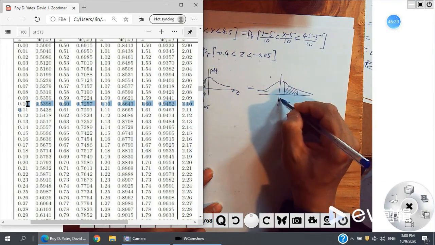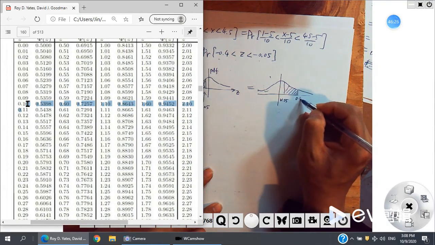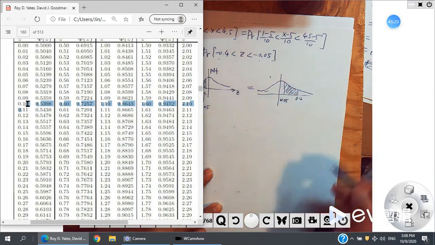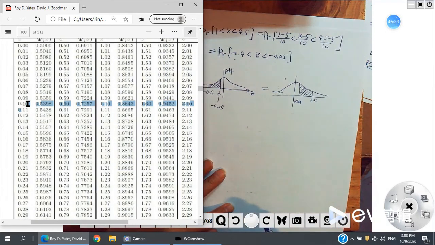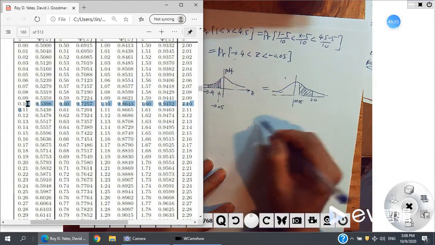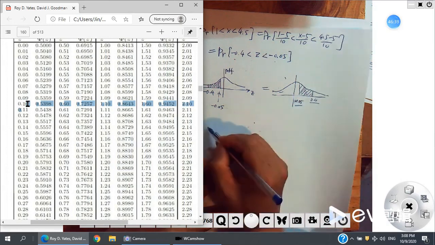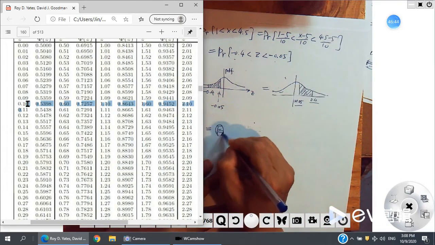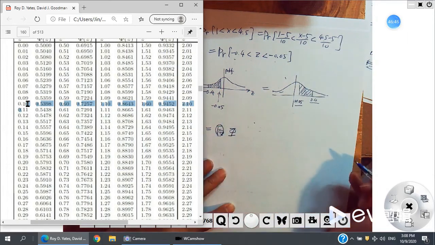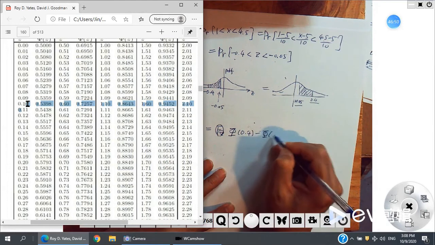Here is negative, now it's positive 0.05, and this is positive 0.4. So you want the area like here. Then this is just the CDF of these minus the CDF of this. So it will be the CDF of Z, that is phi, we use the notation in the table: phi of 0.4 minus phi of 0.05.